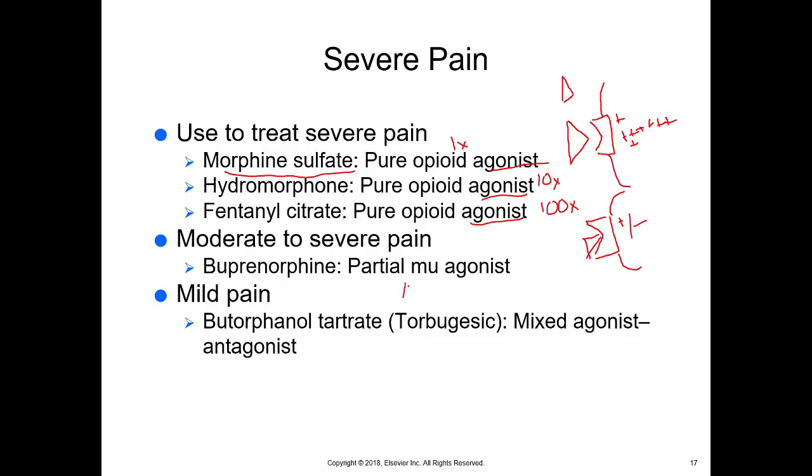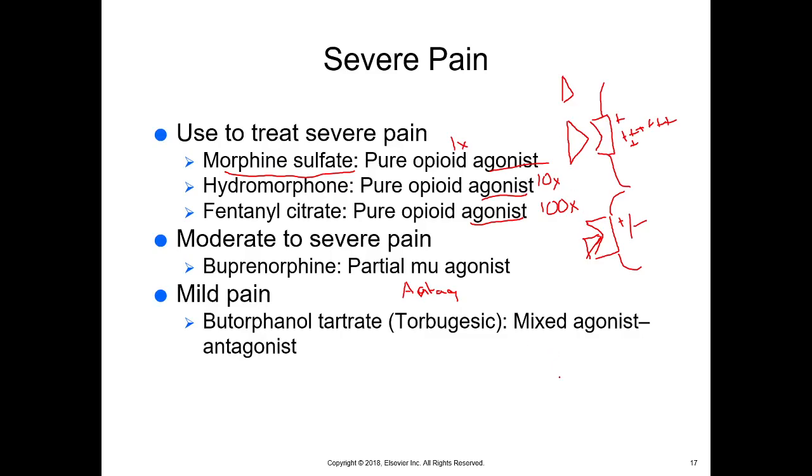It does also have some antagonist properties, so what it can do is kick out this pure opioid agonist if we give it after we give one of these, and then just have a partial effect. So we can kick this out, get rid of the pure agonist, and just have a partial effect.